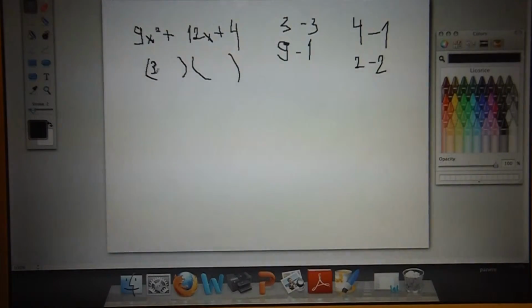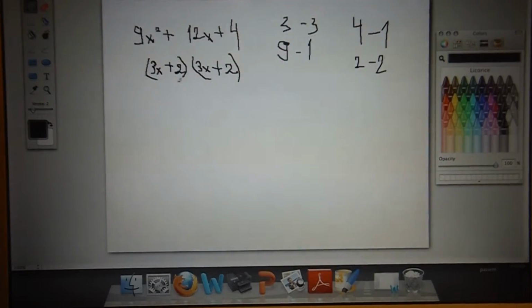So 3x, and again both signs are pluses, so plus 2 and 2.